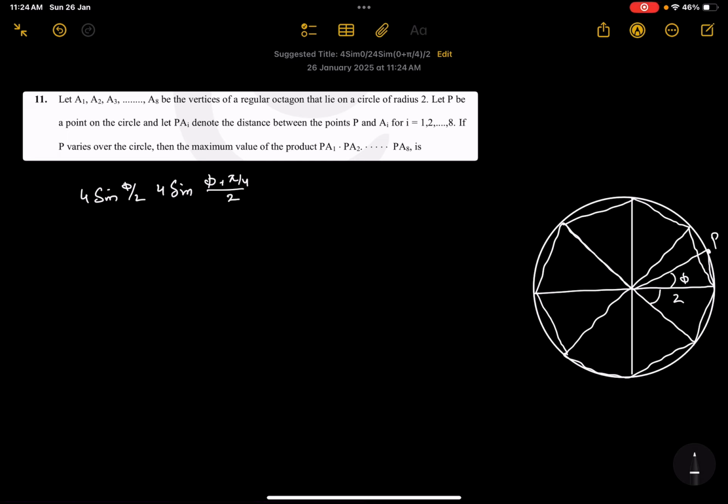For all these 8 vertices, we'll have a multiplier of 4, so I'll simply write 4 to the power of 8 times sine phi by 2, sine (phi plus pi by 4) by 2, sine (phi plus 2 pi by 4) by 2, that is pi by 2 by 2.